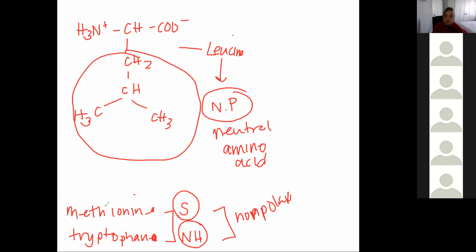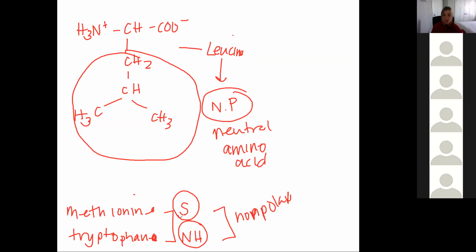You can Google them, but just know that I've seen a tricky question like, which one of these contains sulfur? That was two exams ago. He really pressed amino acids in class, and they had all of these ones: leucine, all the ones that were hydrocarbons, and then methionine in there.